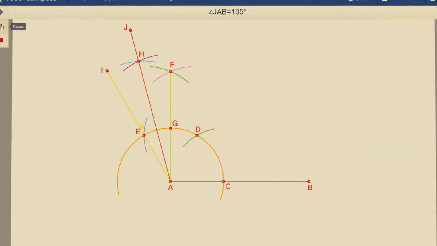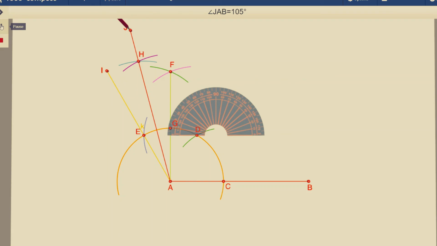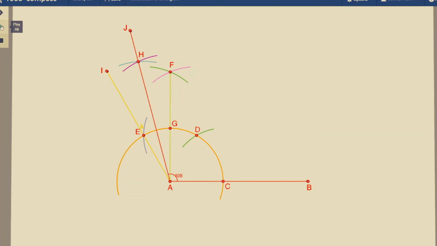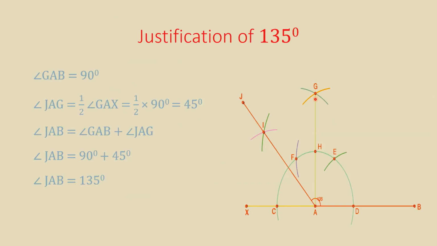Angle JAB equals 105 degrees. Angle GAB equals 90 degrees. Angle GAX is 90 degrees.